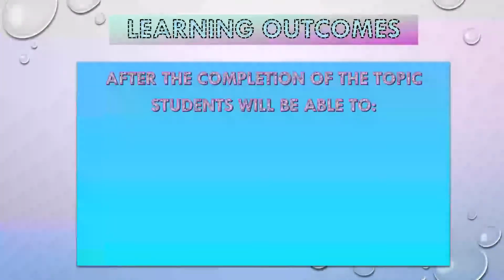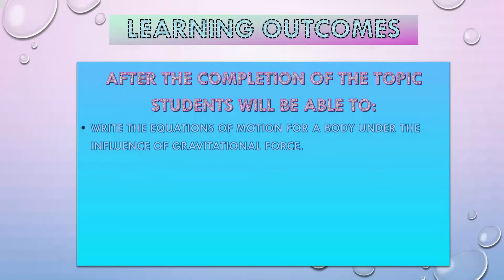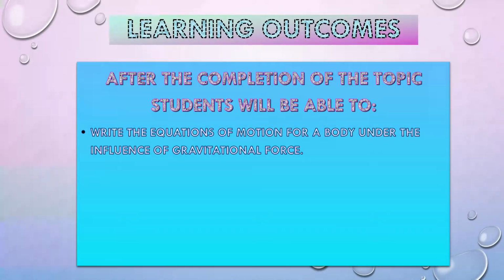So, learning outcomes of the day are: after the completion of the topic, you will be able to, number 1, write the equations of motion for a body under the influence of gravitational force. Means when the gravitational force is acting on an object, what will be the form of the equations of motion?